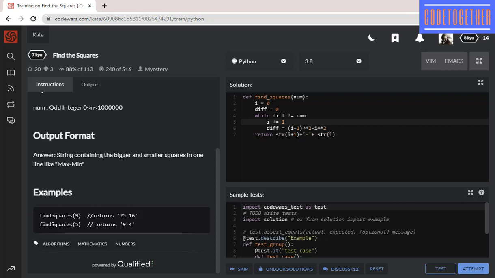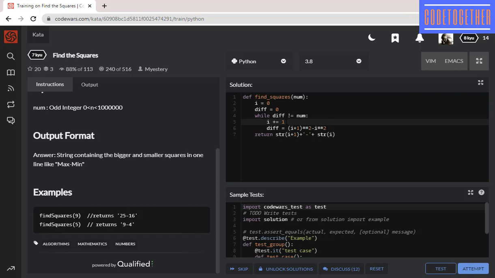The diff is equal to 2 to the power of 2 minus 1 to the power of 2, which is 4 minus 1, and the diff is equal to 3, and we have to iterate over the loop again, because the diff is not equal to num.